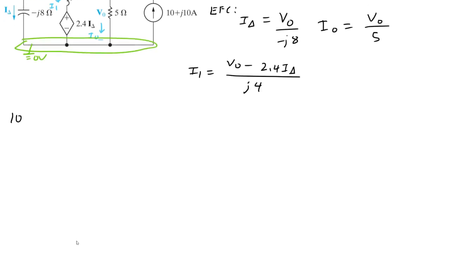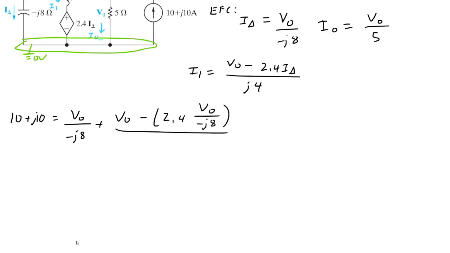So I'll use our KCL: 10 plus J10 equals VO over J8 plus VO minus 2.4 times VO over J8, divided by J4, plus VO over 5.